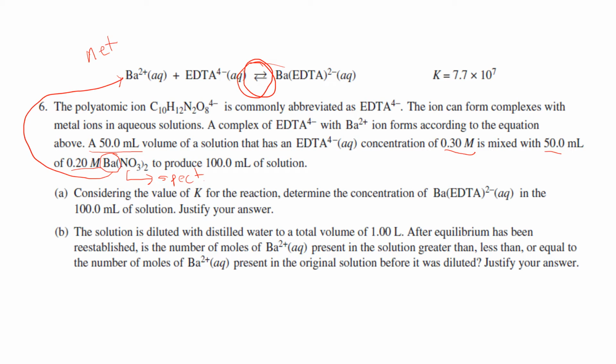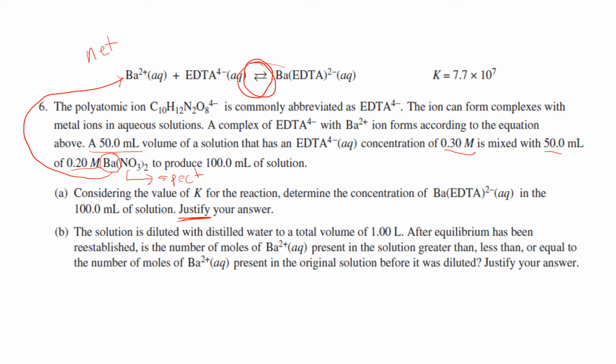So in this problem they want you to evaluate the K, and this K is really about how much of that complex ion is formed. They want you to justify your answer, so you are going to have to show some calculations.